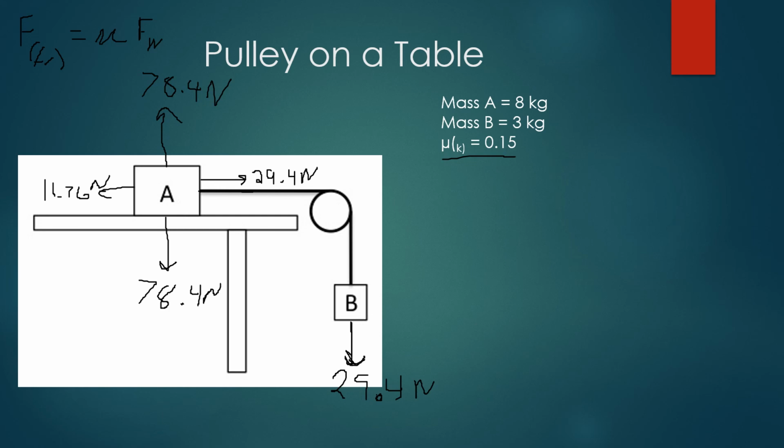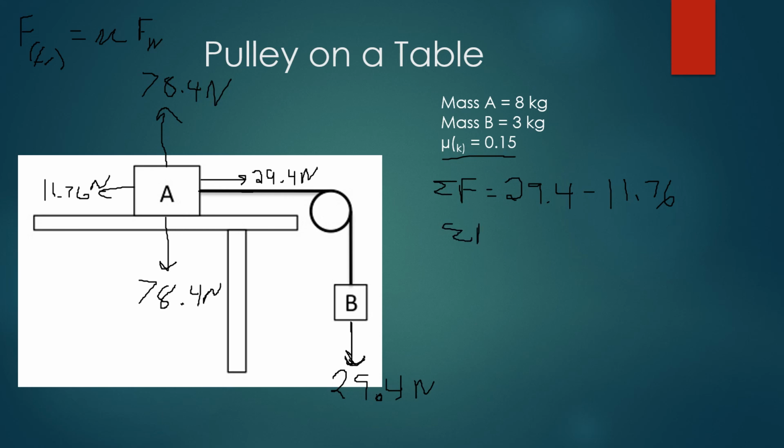So, what is the net force acting on this object? The net force is going to be the 29.4 minus the 11.76, the friction. Look at the free body diagram.